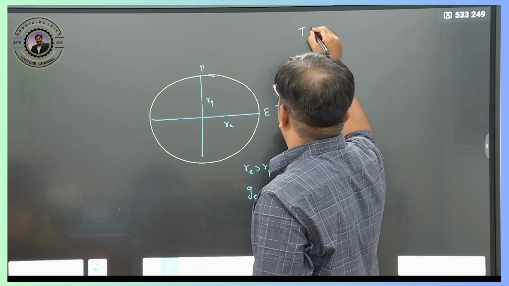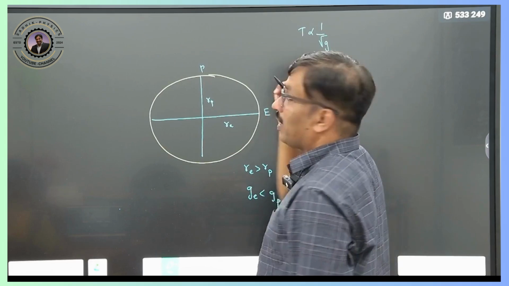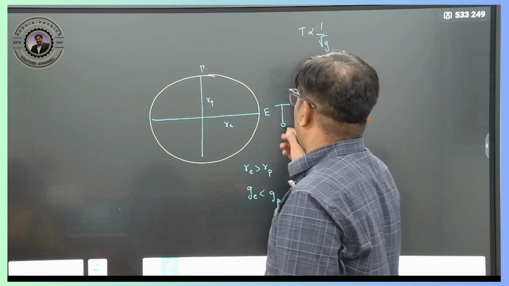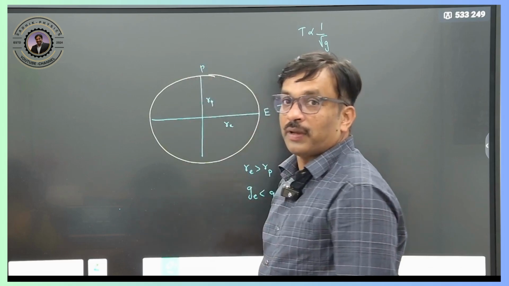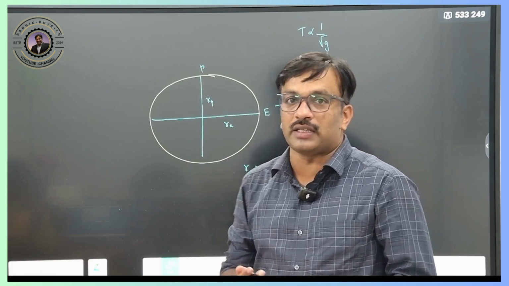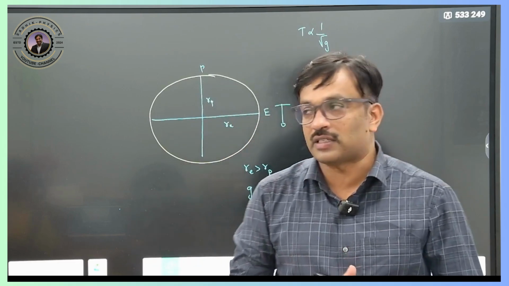How is the time period related? The time period is inversely proportional to the square root of the g value. Where the g value is larger, the time period will be smaller. Therefore when it is moving from the equator to the pole, the g value is increasing, the time period will be decreasing, and the frequency will be increasing. Frequency is increasing, so the clock will also run faster. Where will the clock run faster now?